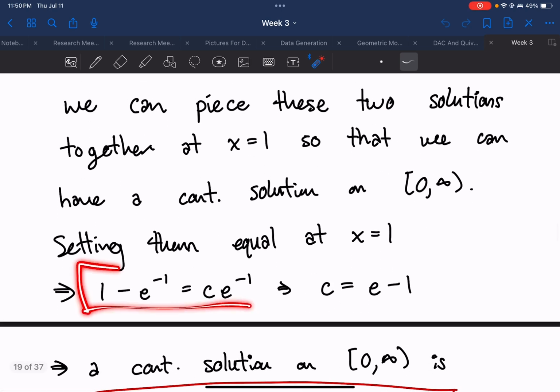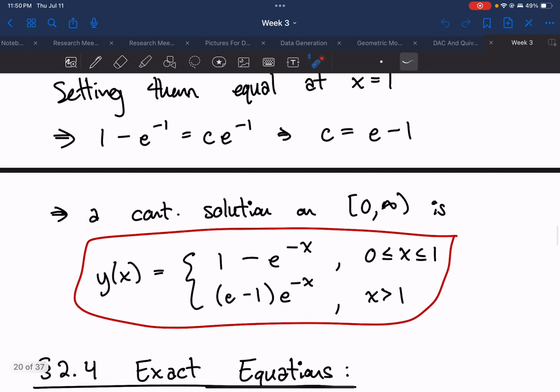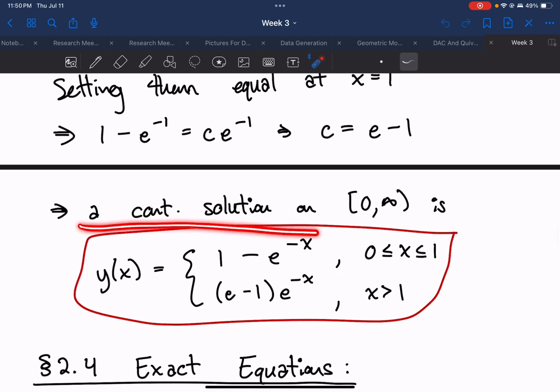Solving this for c tells me that c better equal e minus 1. So therefore, a continuous solution on the whole interval is this whole thing, where this constant is this guy, which was made so that they agree at x equals 1. We want them to meet up at x equals 1.